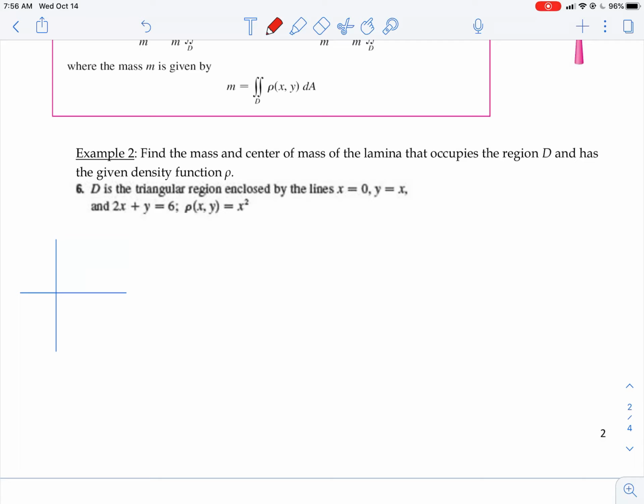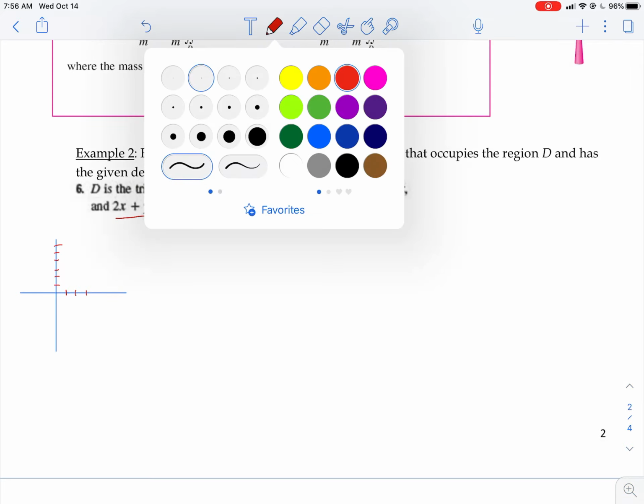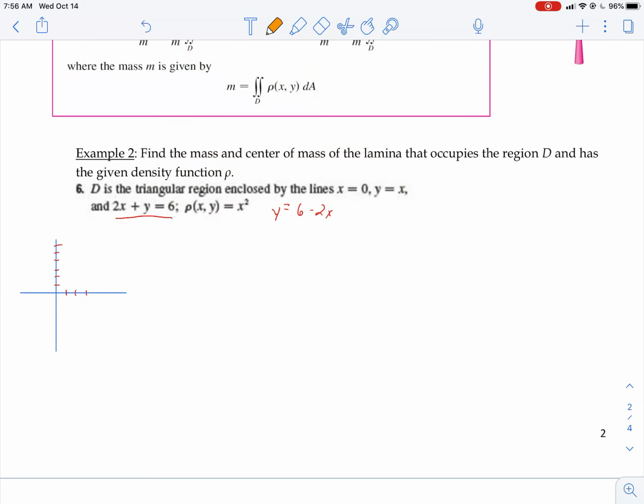For this equation, I'm going to solve it to get y equals 6 minus 2x. That tells me that I have a y-intercept of 6, and when x equals 3, that gives me 0 for y.